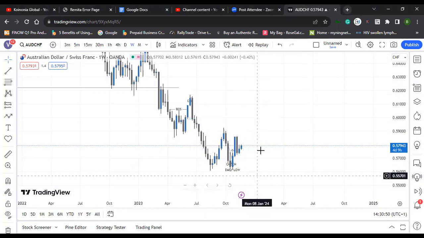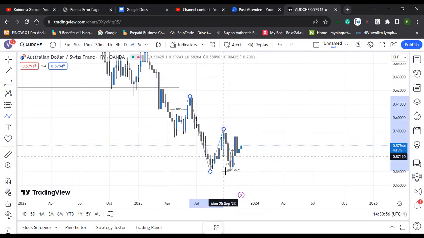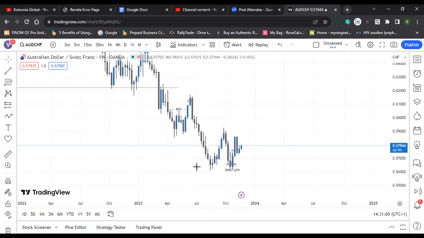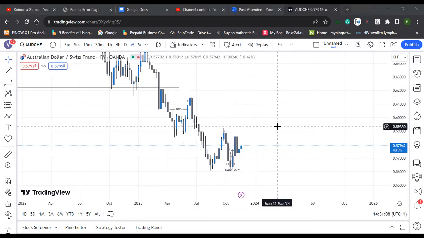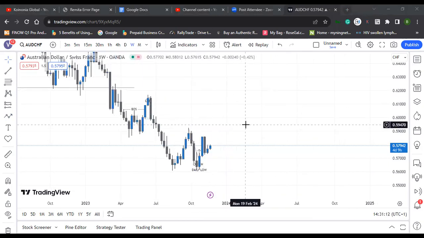Many of you want to start buying because you've seen that price is showing you a W pattern. But not every W is a win, and not every M is an M win. So you guys should be careful.